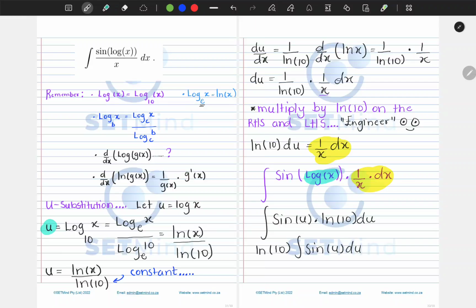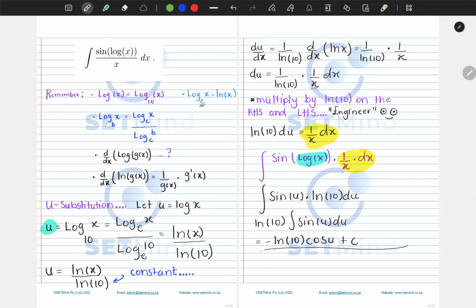By now you should know that in order for you to get sine, you must have differentiated negative cos. So this means our problem will be negative ln of 10 and then cos of u plus c, of which we can now plug in the u, which is just that log which we had. So let's go ahead and write our final answer.